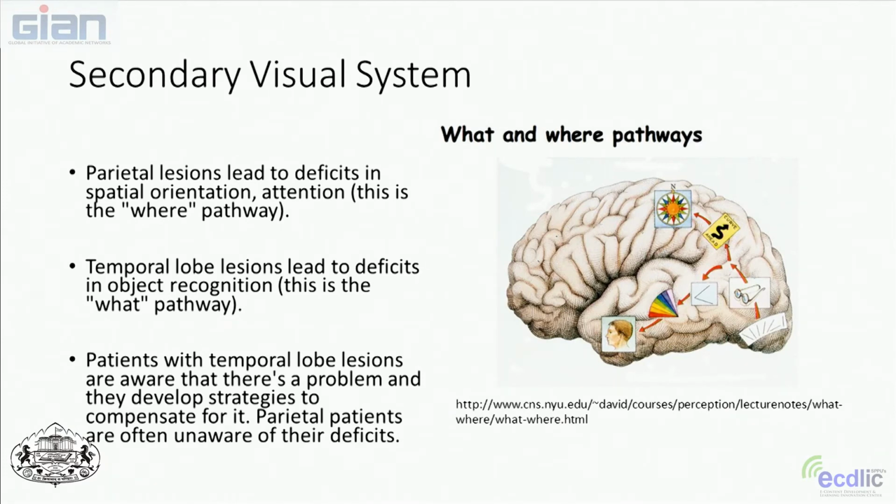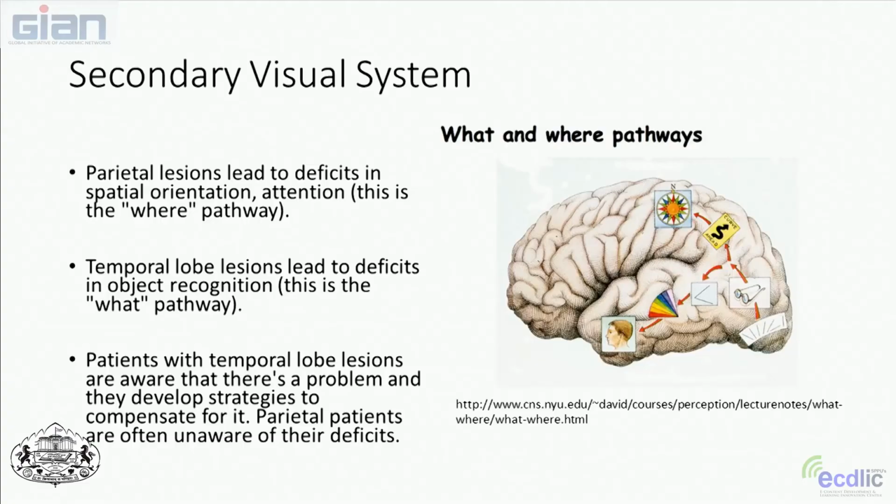So the secondary visual cortex is thought to have these what and where pathways, and this is how it decides where it sends the next part of the processing of the information. People know these from lesions. Like we talked about yesterday, we look at what a person is missing if they have an injury in part of the brain.